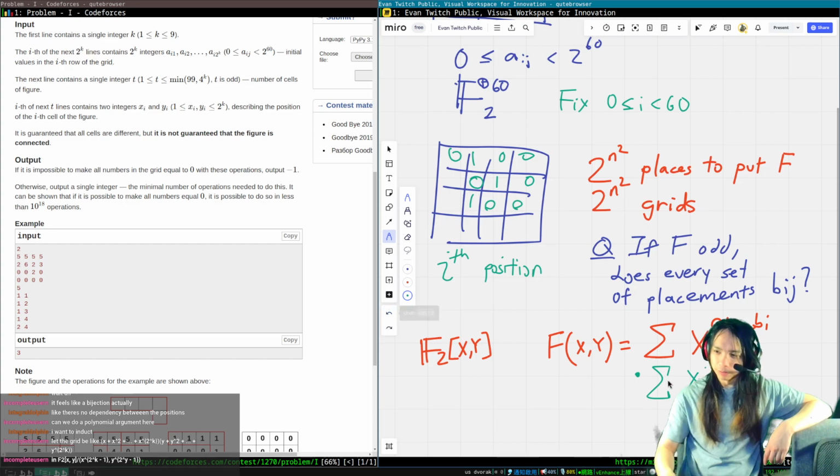I don't know what variables to call these. And n again is given to be a power of 2. So I have something like this mod 2.